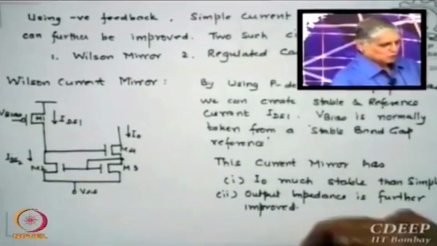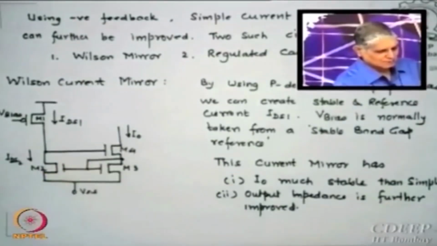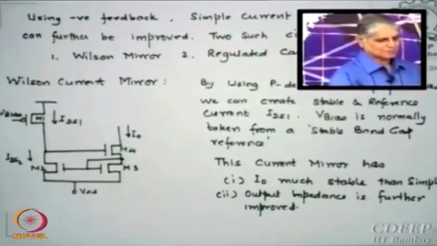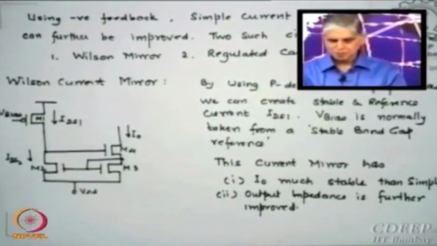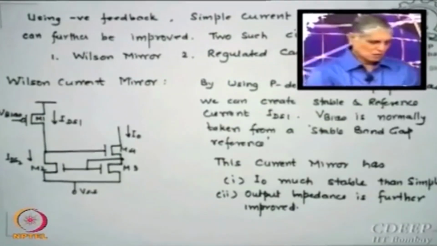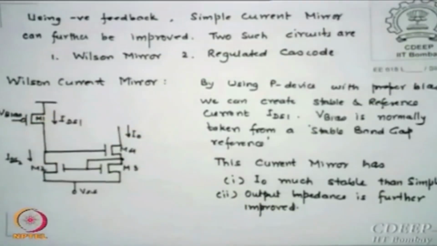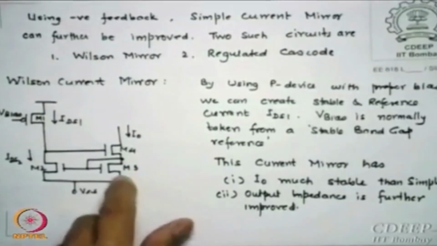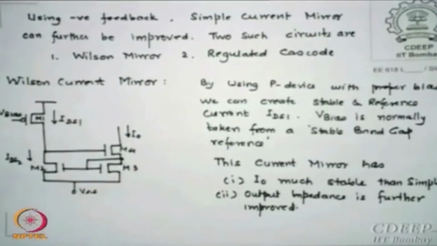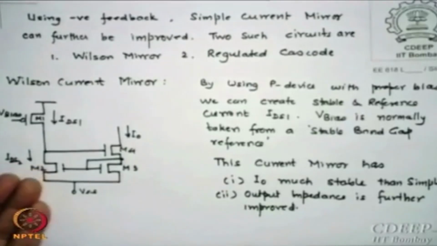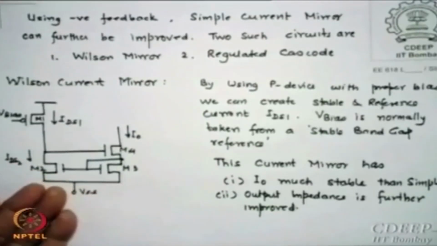If you say this current increases, what will happen? That means this voltage drop will increase, which means this current will increase. If this current increases, what will increase? This current will increase because of the mirror part of that.